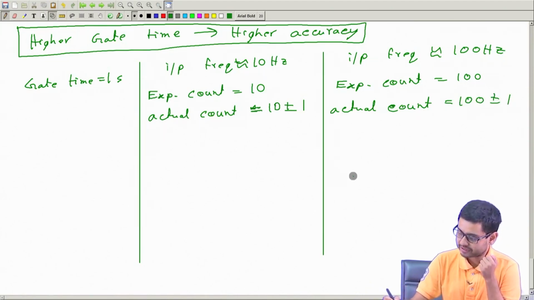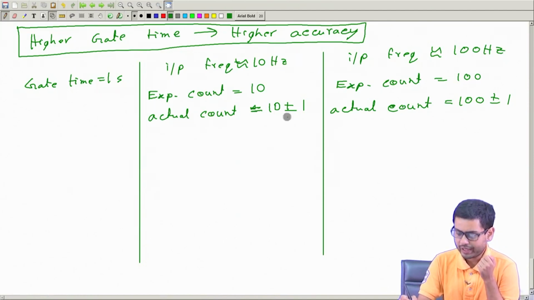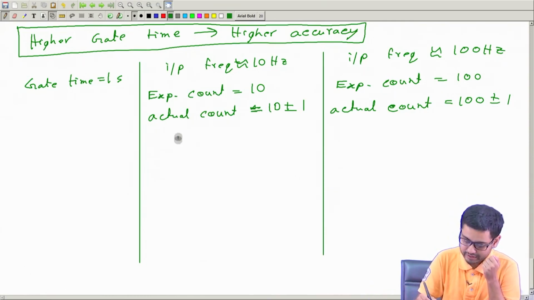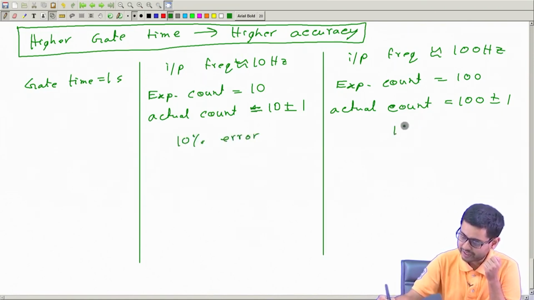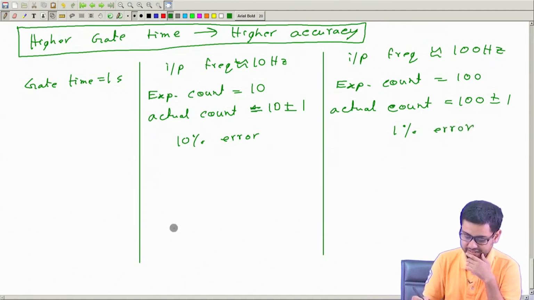So, that means how much error do we have here? We have only 1 out of 10, 10% error. Here we have 1 out of 100, 1% error. So, 10% error, 1% error, right.